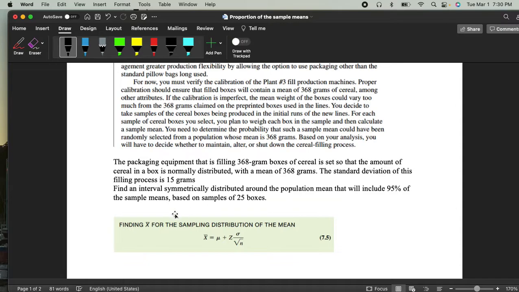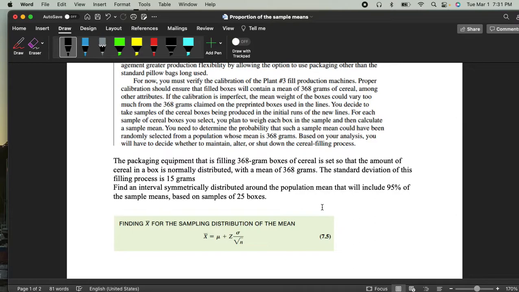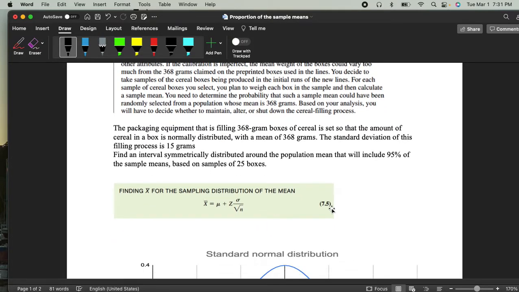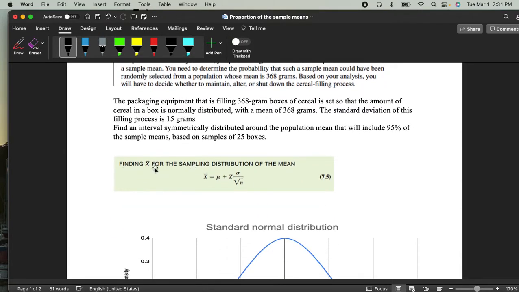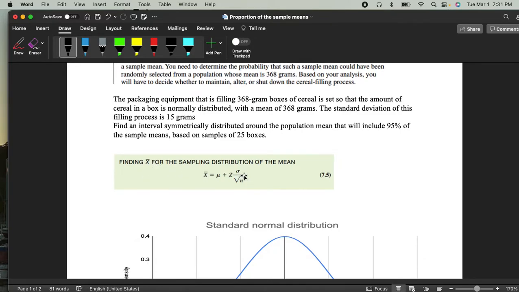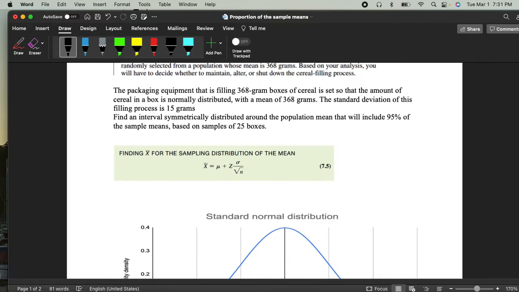The standard deviation is 15 grams. So basically you need to find an interval symmetrically distributed around the population mean that will include 95% of the sample means based on samples of 25 boxes. So here is our formula, the formula for finding the x bar for the sampling distribution of the mean.